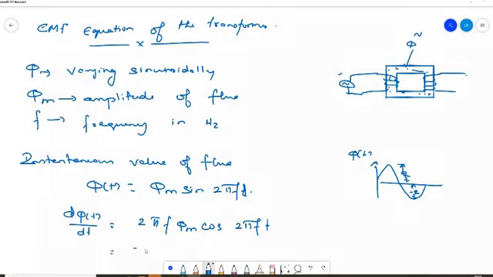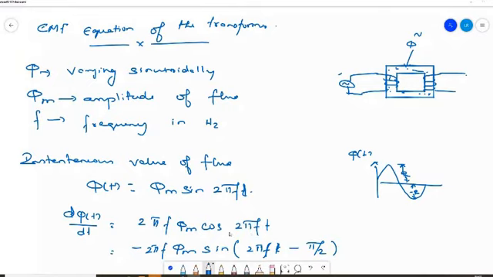I'll introduce a minus sign here: 2 pi f phi m sine of theta minus 90 degrees, or pi by 2. So I'm expressing this cos in terms of sine. This is the rate of change of this flux.